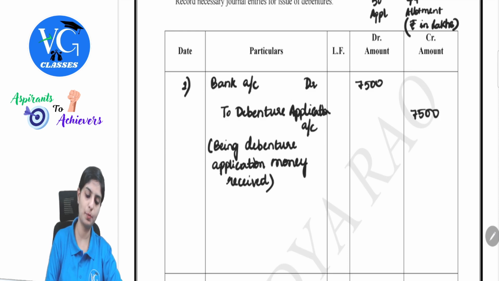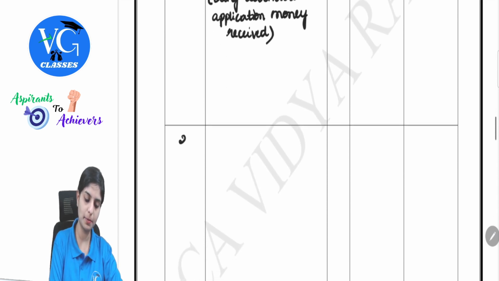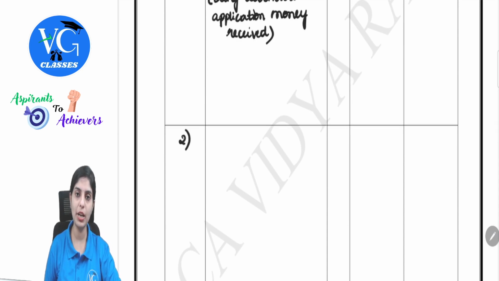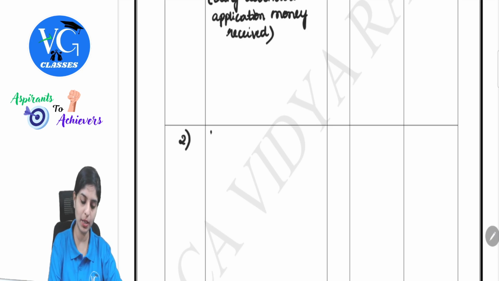Clear? Next point. This is with respect to transfer of debenture application to debentures account. So what would be the entry?